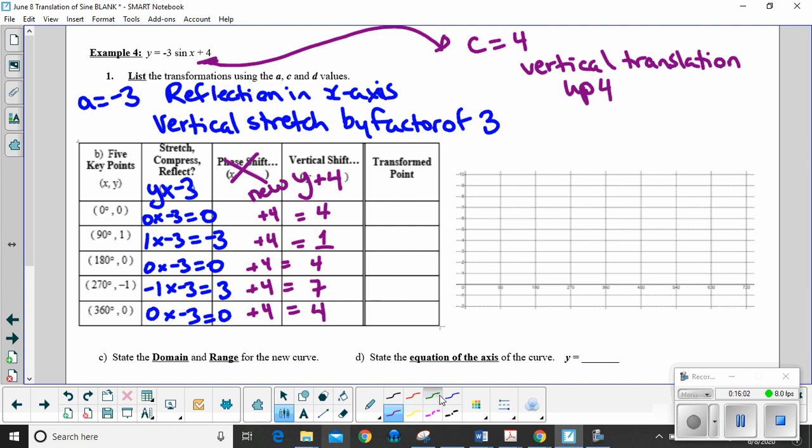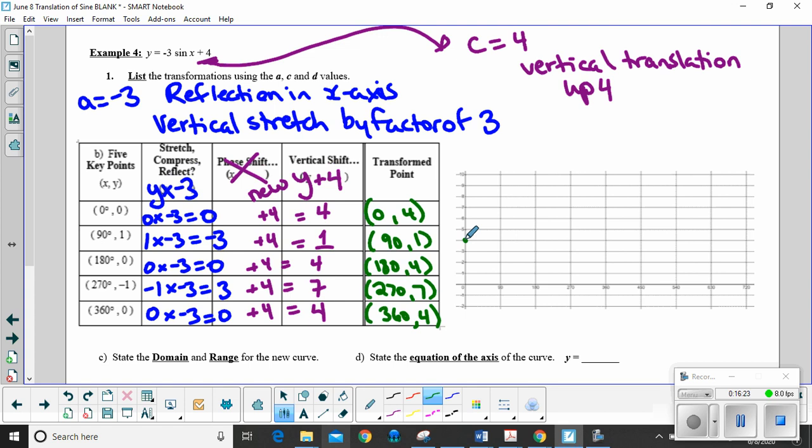So my new points are going to be, x's didn't change, just my y's. So 0, 4; 91; 184; 277; and 364.